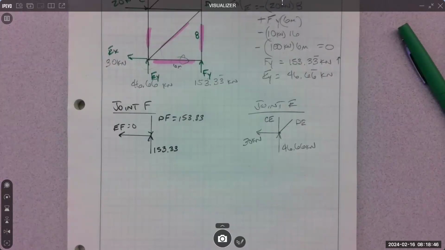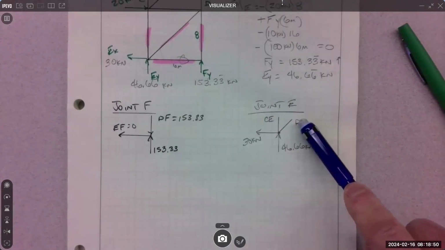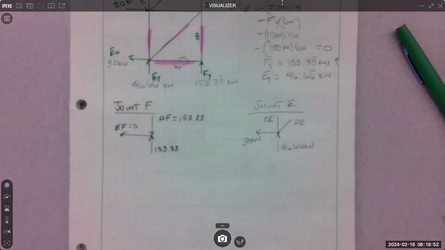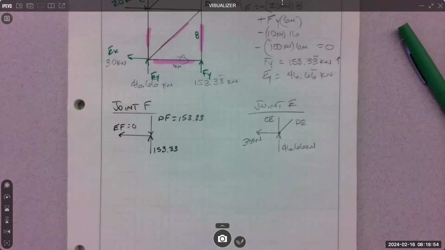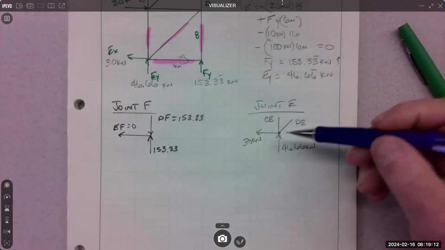All right, how do we figure out directions here for CE and DE? Can we figure out directions? You can do the angle. I'm curious about which way these go though. Does CE go up or down?